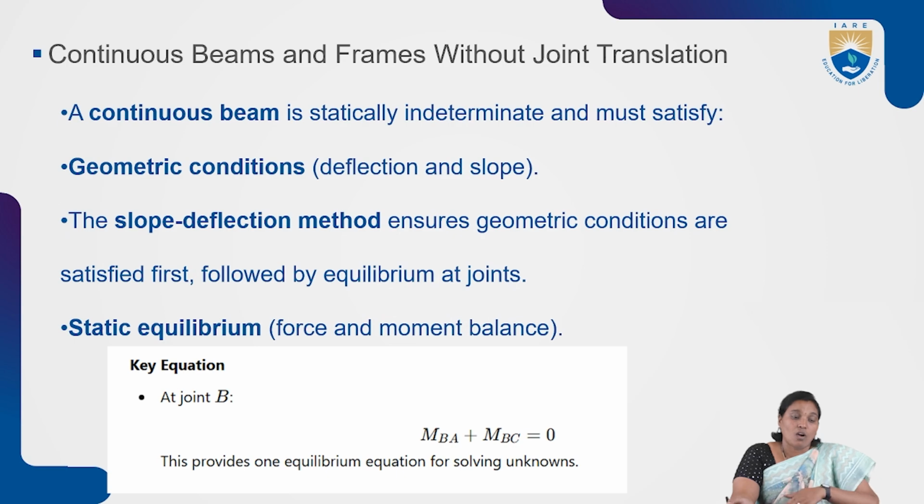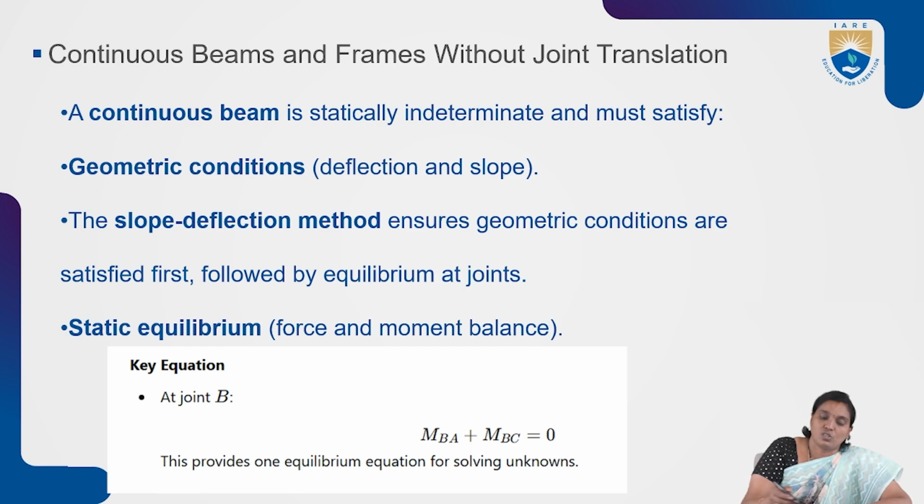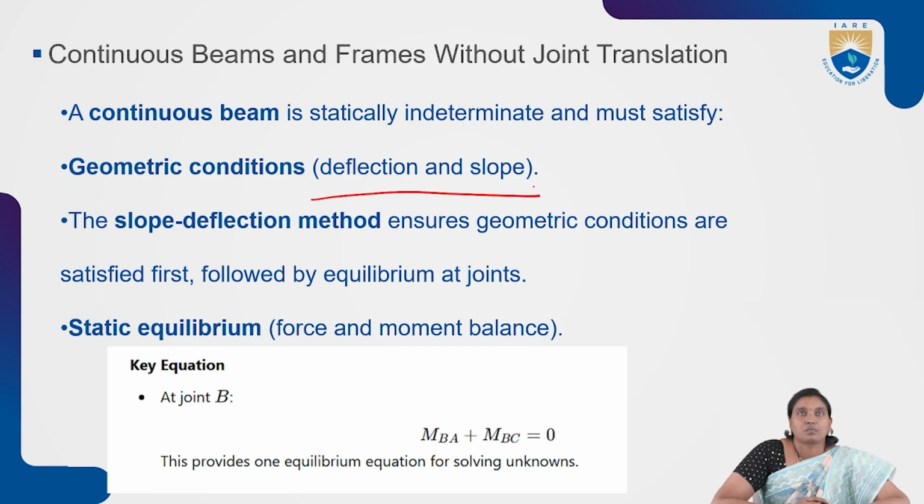And how we understand these continuous beams and frames without joint translation. A continuous beam is statically indeterminate and must satisfy the geometric conditions, those are slope as well as deflection.